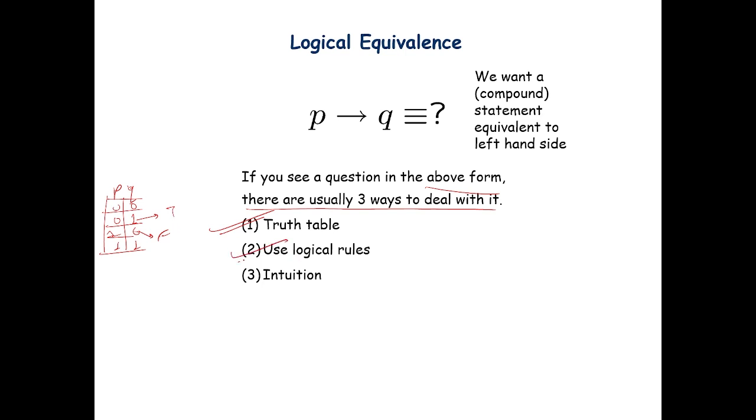You could have used logical rules or intuition. This is a very sloppy approach to maths, so we'll skip this. Logical rules, yeah, we can do that, but logical rules sometimes fail us. It's kind of tough just to wrap your head around why, in an implication, if the premise is false, the condition is false, the statement is true overall.